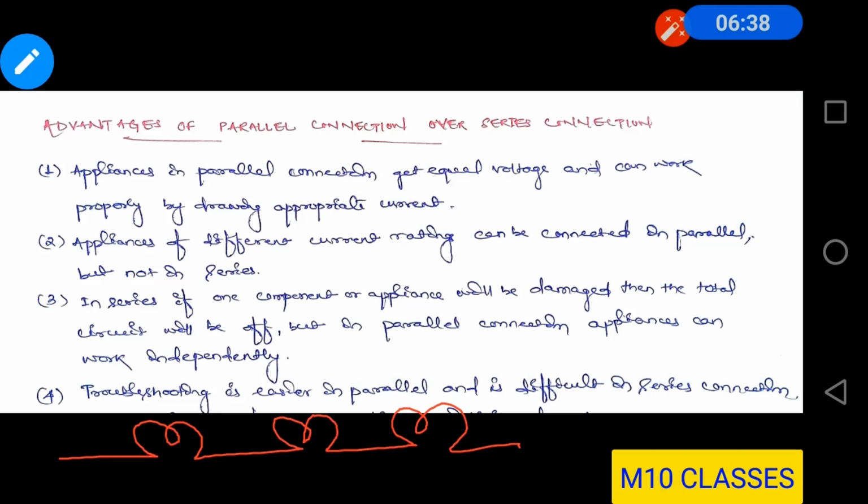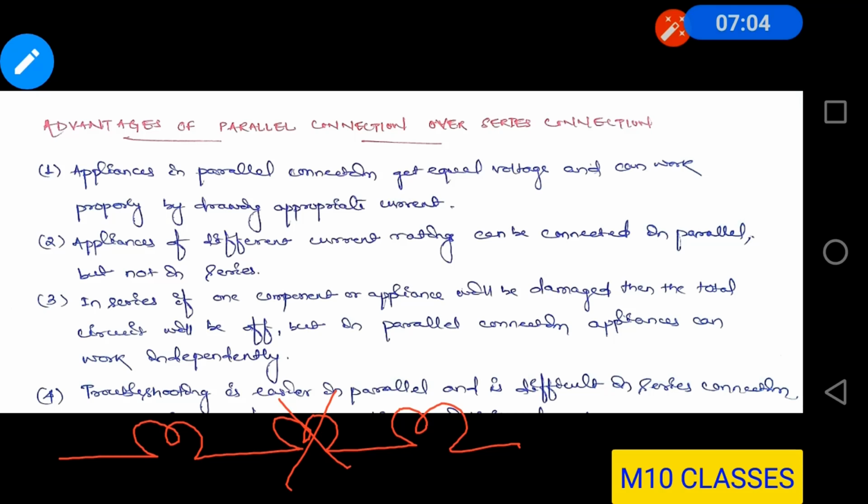Now suppose the middle bulb is damaged. That means the circuit will be incomplete because the current will not flow through this bulb, and so the total circuit will be off. Even though the other bulbs are okay and can work properly, in series connection at one point the circuit is broken, so the total circuit will be off.